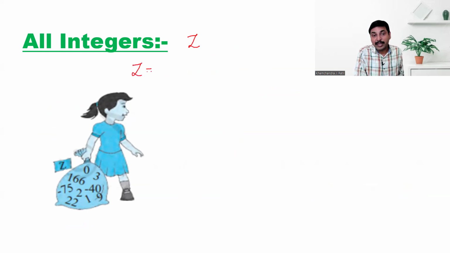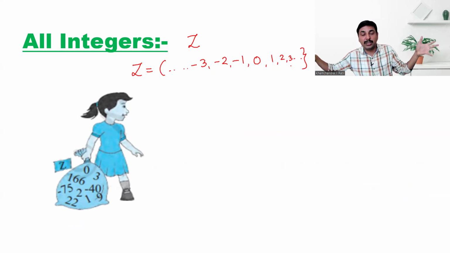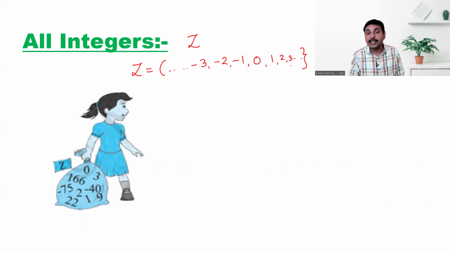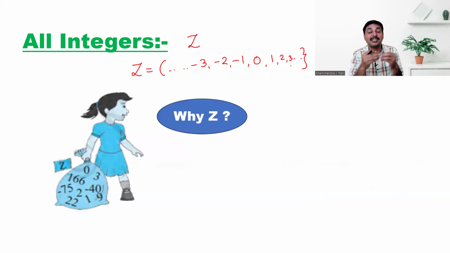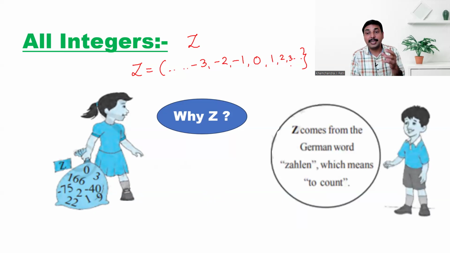Z has all negative numbers, -3, -2, -1, then 0 also, 1, 2, 3. You can extend this further to both ends. Now, why are we calling all integers by the letter Z?